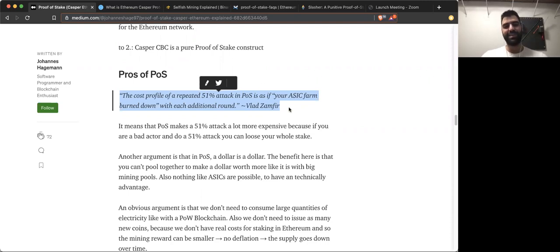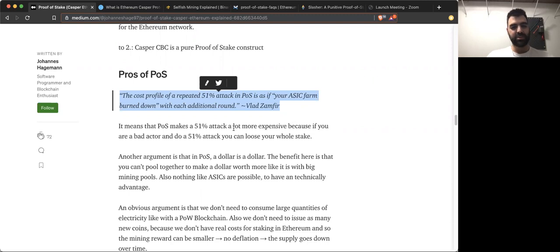And I think the message is, if you try to cheat in proof of stake, you can construct proof of stake so that if someone cheats, they not only lose the reward that they would have got, they also lose all the resources they put into even being able to construct such a reward. So it's as if, in proof of work, you not only lose the reward, but if you cheat, someone blows up your mining farm, so you lose all the ASICs you just bought.